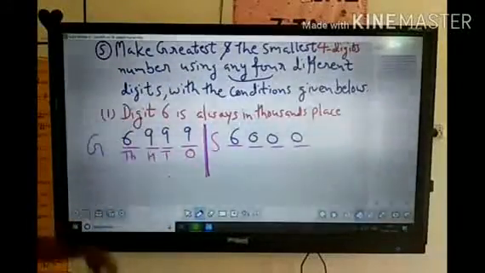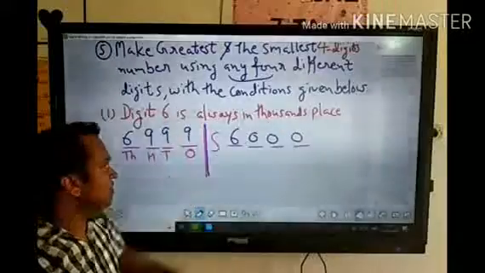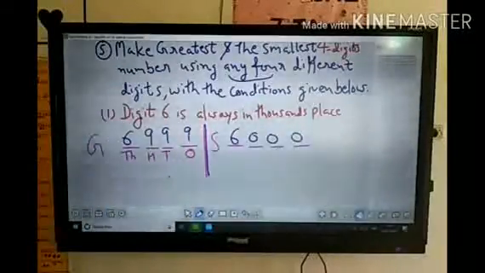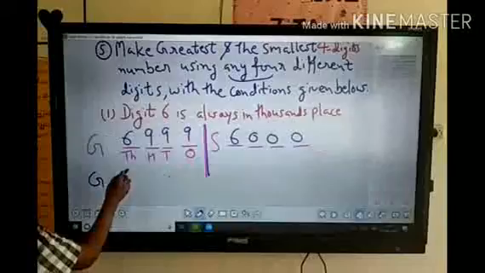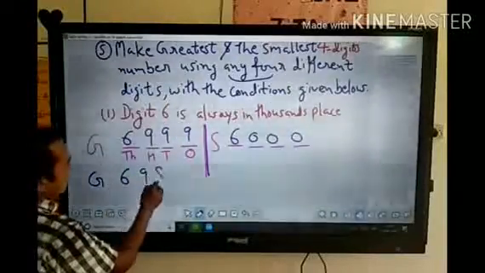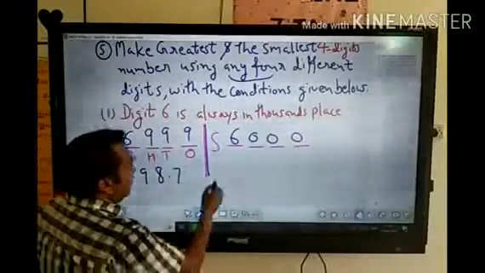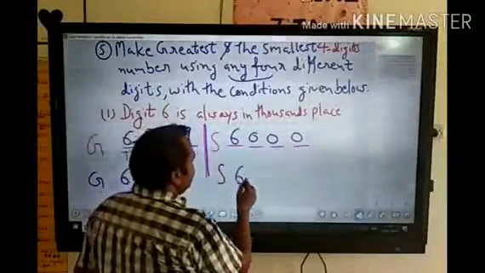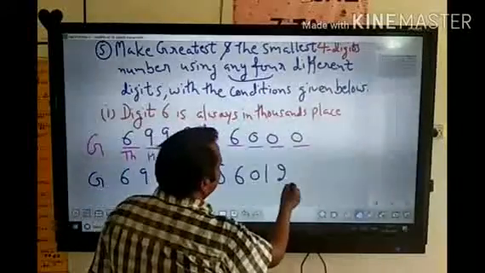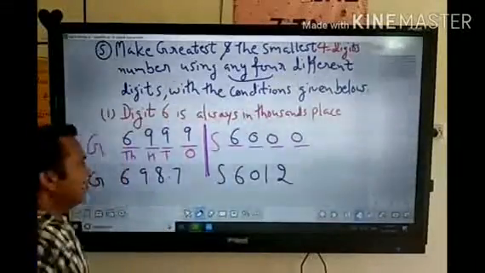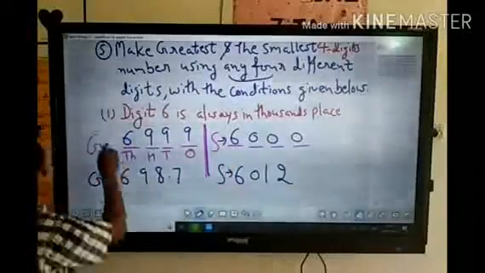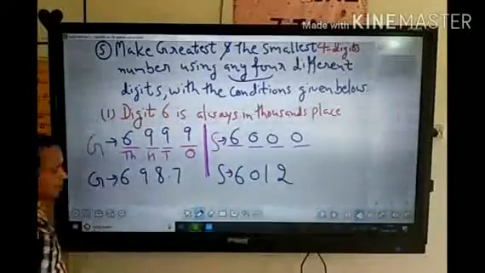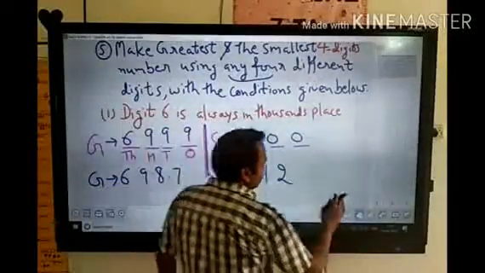If the repetition is allowed, then the answer will be this. But if the repetition is not allowed, then the greatest number will be 6, 9, 8 and 7, and the smallest number will be 6, 0, 1 and 2. So you can write your answer as per the given condition and your understanding of the question.